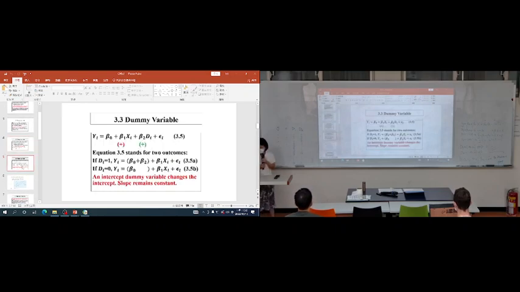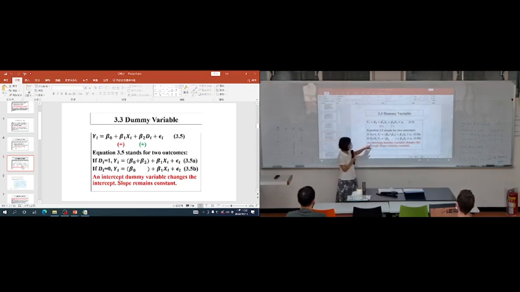Okay, this is what I'm trying to say. I have the positive expected sign here, right? And since this is just two groups, if D equals 1, it becomes this. And this is our book's equation 3.5, A and B. So the difference just affects the intercept.